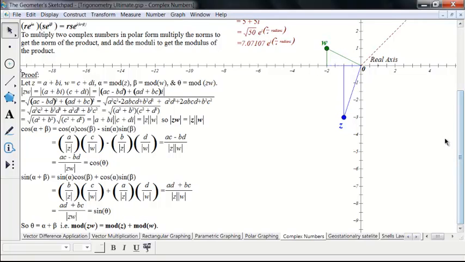Now let's do the same thing for sine. Sine of alpha plus beta is sine alpha cosine beta plus cosine alpha sine beta. So we're using those identities we learned earlier. Sine alpha is b over the norm of z.